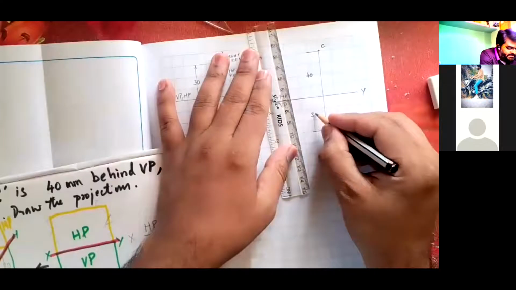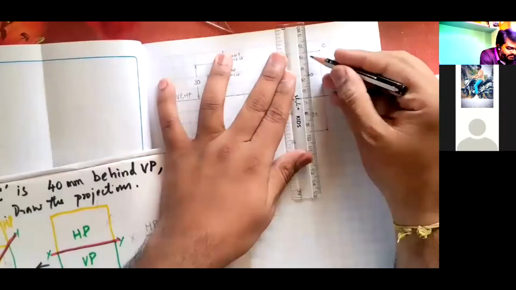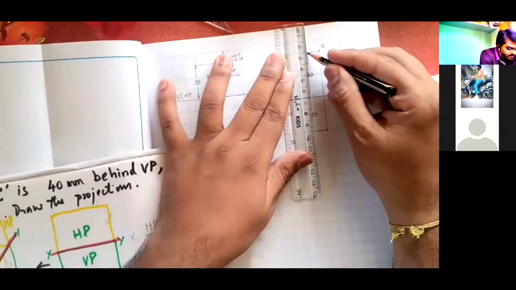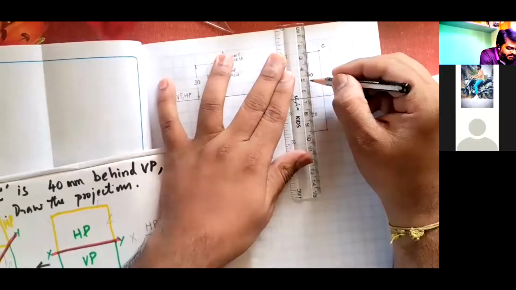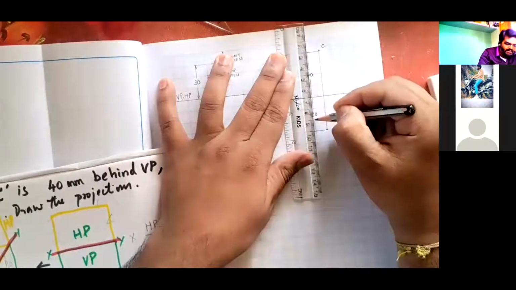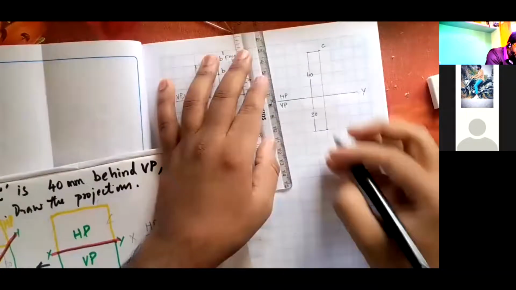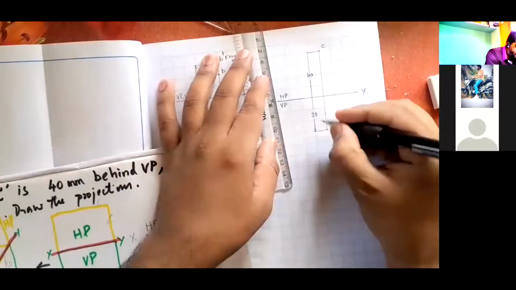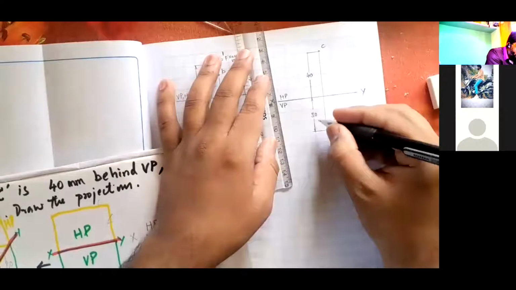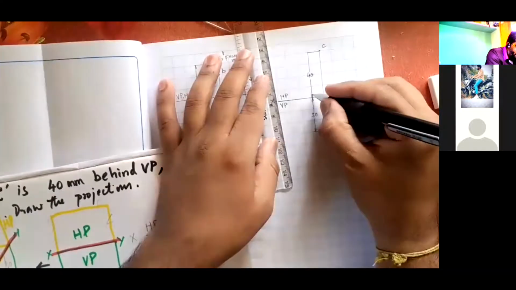Whatever the dimension is, the answer remains the same. So make sure about the answer, which is very, very important. Even if I change it to 10 and 20, the answer remains the same. So that is the importance.